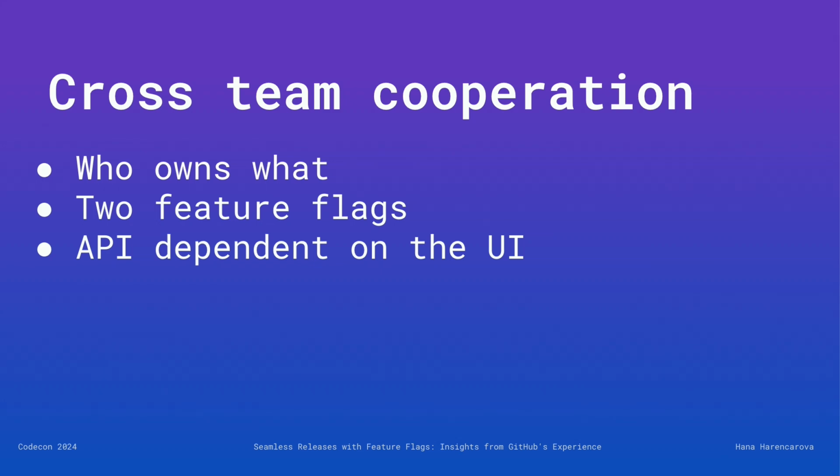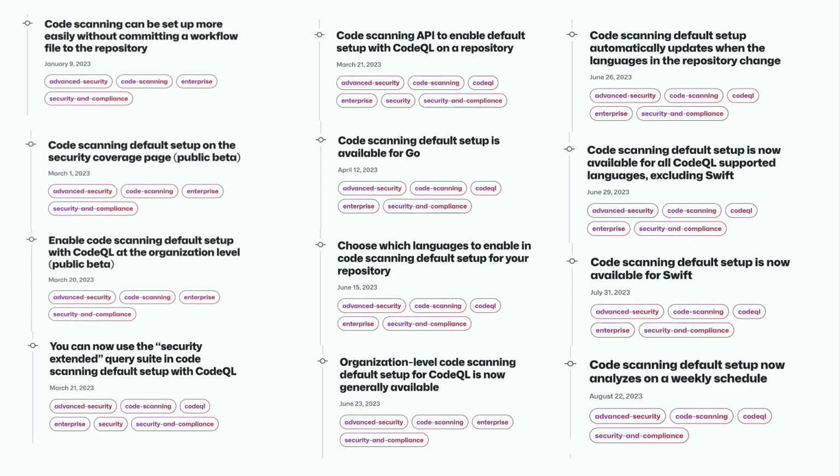But by having this separated, we decreased the risk that the UI work would slow down the shipping of the main feature, the possibility to set up the organizational default setup. At the end, we did ship them together, but it was because we had everything ready, but we didn't have to. So it gave us way more time to prepare anything. And these are all different change logs, how default setup was changing over the time.